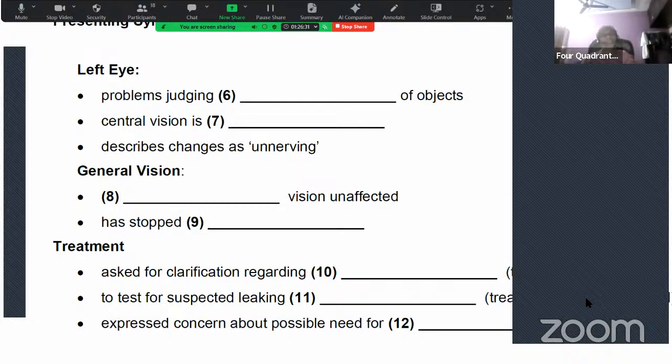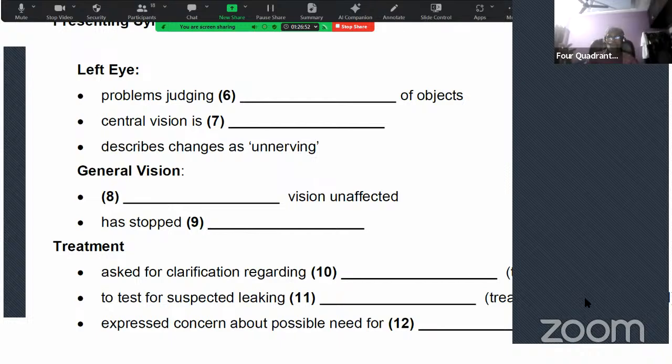Has stopped doing something. Has stopped writing. Ing form will come maybe. Had stopped reading. Had stopped studying. Had stopped watching movies. Had stopped watching news. Has stopped driving.